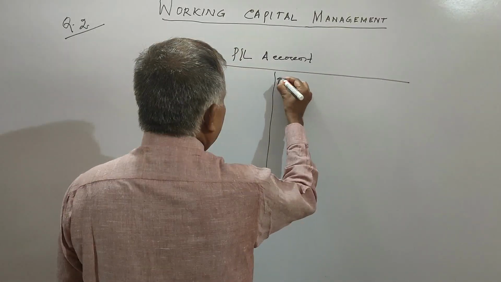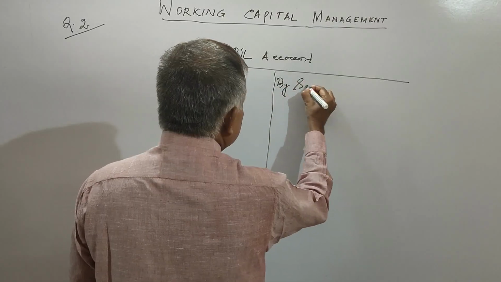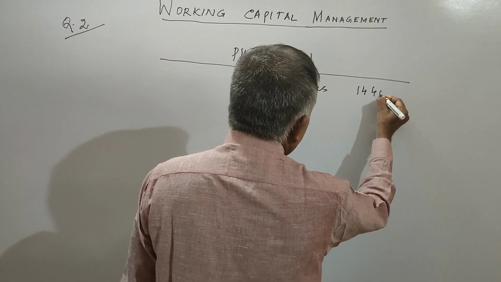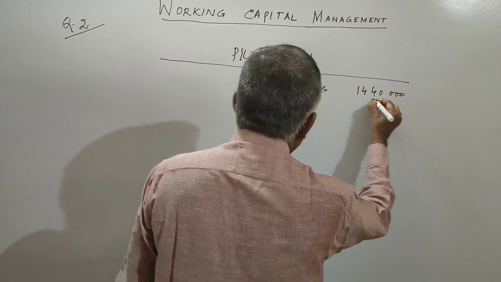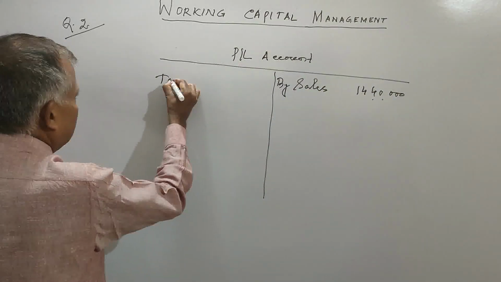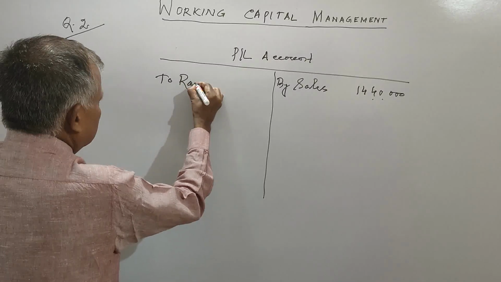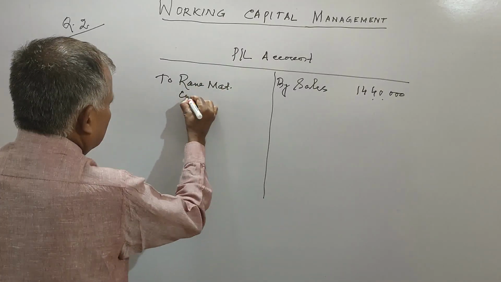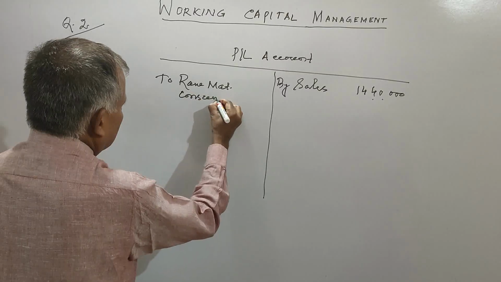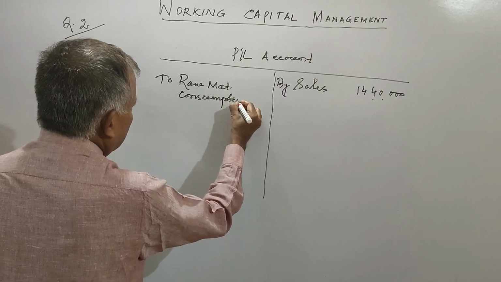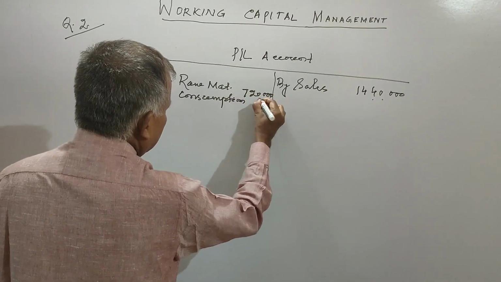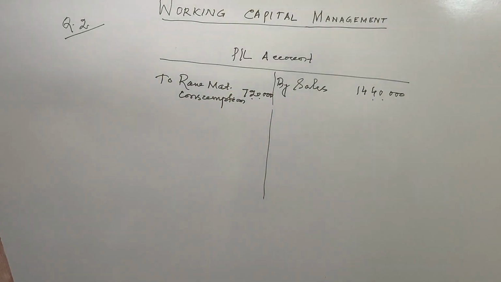Here sales is given, 14,40,000 is the sales. To raw material consumption, 7,20,000.